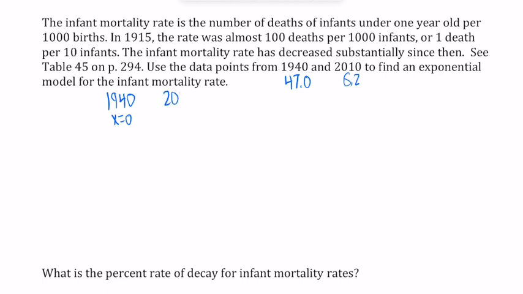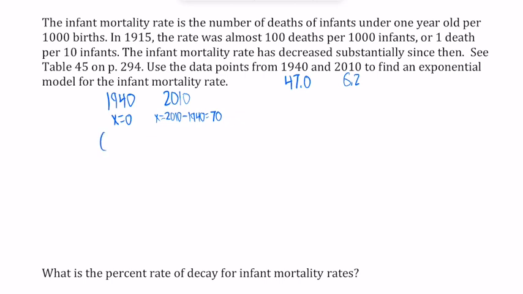That means that for 2010, I would take 2010 minus 1940, and that is 70 years after my starting year. So the x value that I'm going to use when finding my formula for 2010 would be 70.